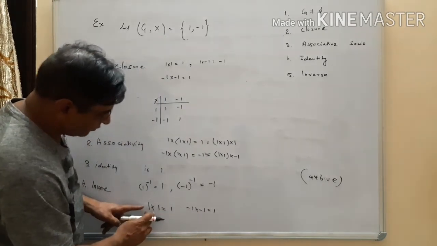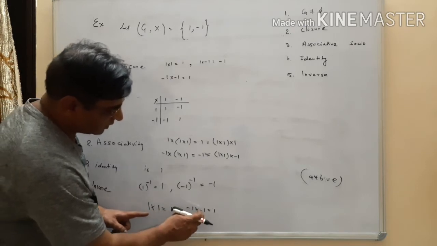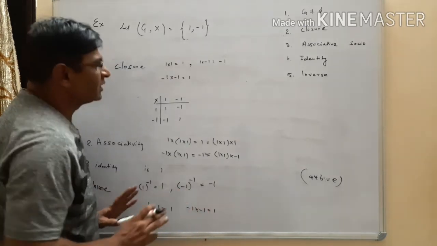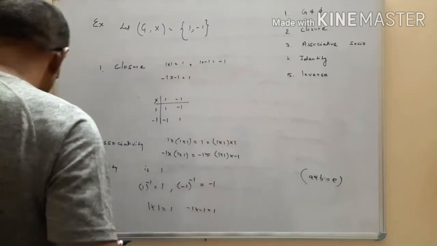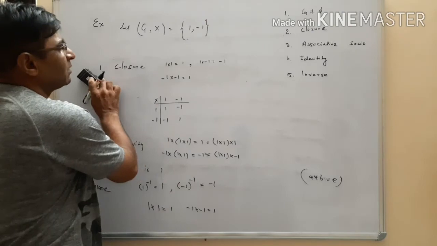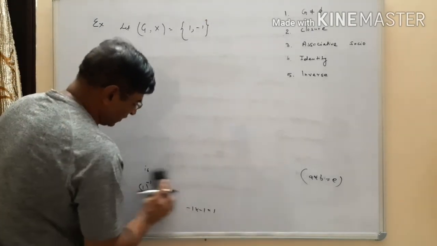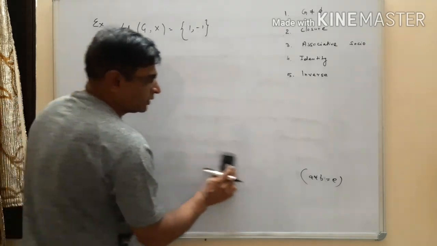So the inverse of 1 is 1 itself, the inverse of minus 1 is minus 1 itself. So this is one example. Again, one more example we check. I hope you will get the idea.